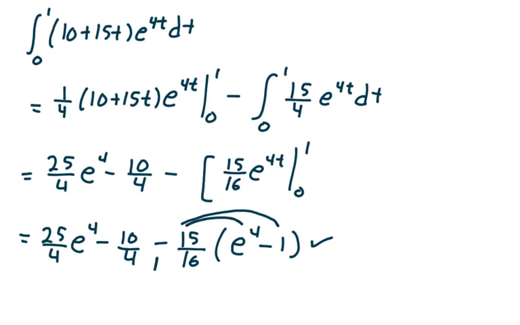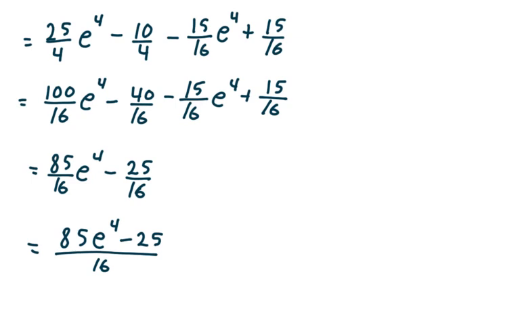And I have to be mindful of that minus sign. And so when I simplify down, you can see I get 85 e to the fourth minus 25 over 16. So for the other two lines, I just get a common denominator of 16. I rewrote every term with the 16 in the bottom, and then I simplified accordingly.